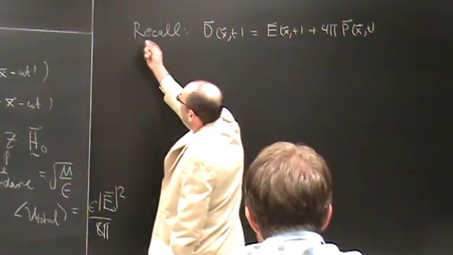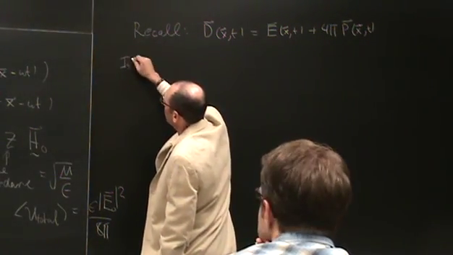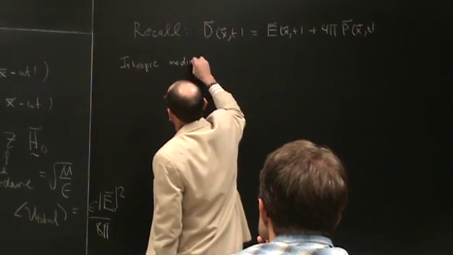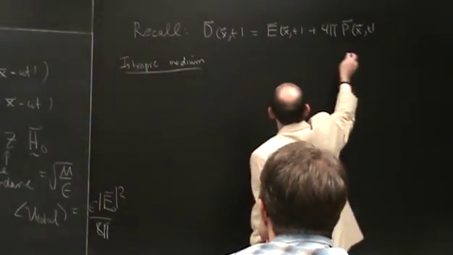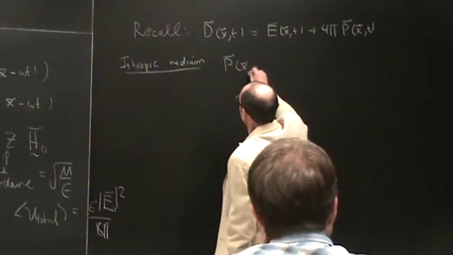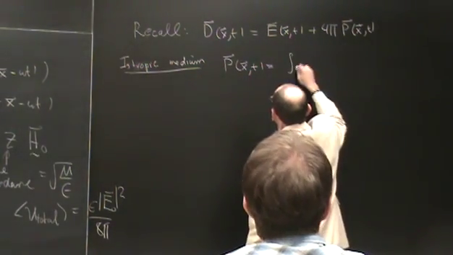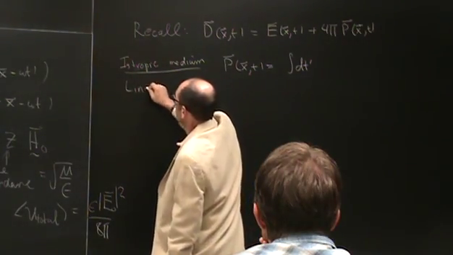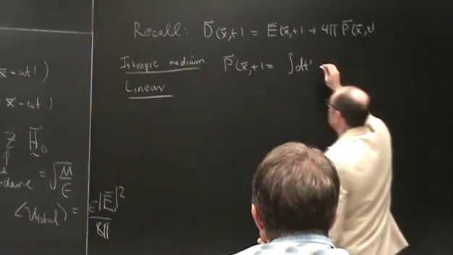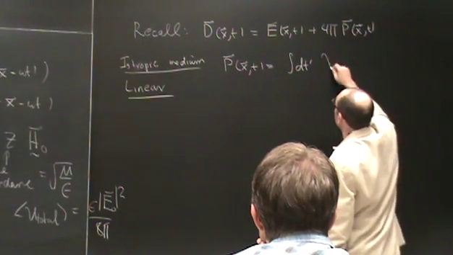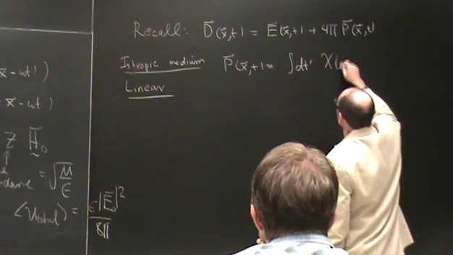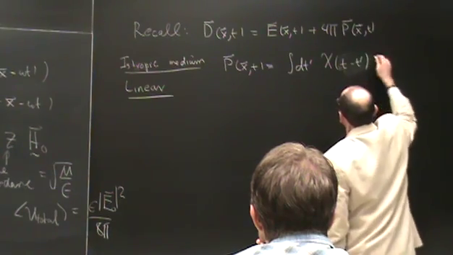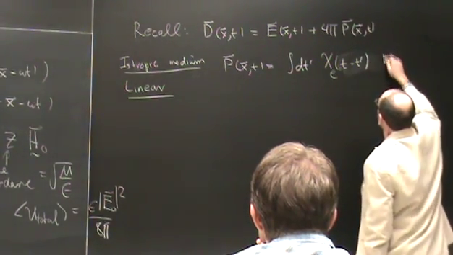So generally for an isotropic medium, where we forget about any of the spatial dependence, the temporal response is generally determined as we discussed. If we have a linear medium, then the polarization is related linearly to the field through the susceptibility.